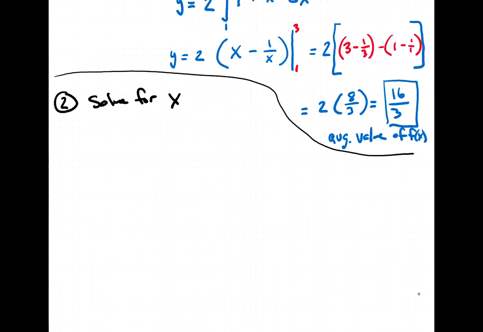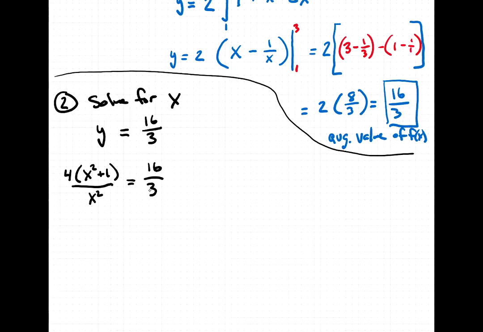So we know that the y value is equal to 16 over 3. And y equals f of x, and f of x is our function. So 4 times x squared plus 1 over x squared, that's the function, that's f of x, which is y, equals 16 over 3. So now we just have to solve for x. So we could do maybe some cross multiplying here.